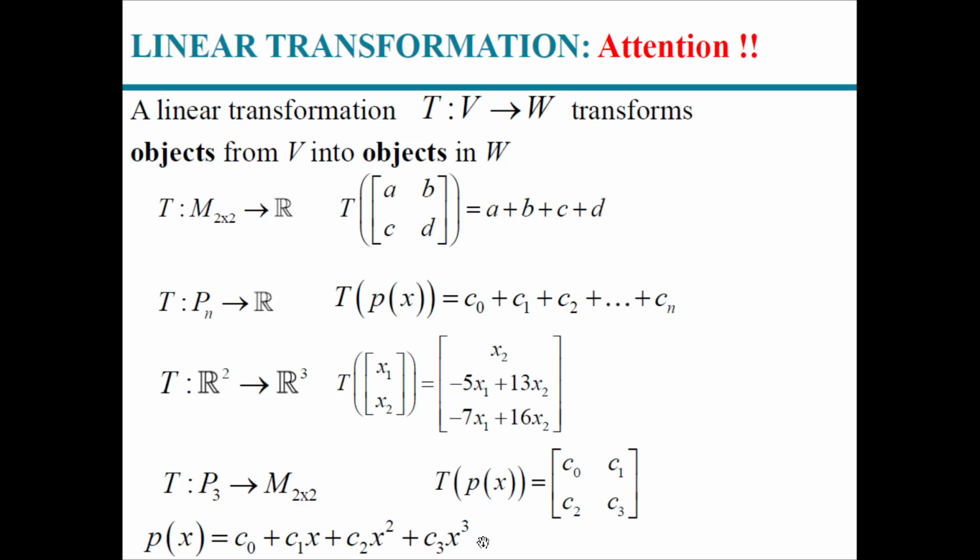This is very important to understand: linear transformation works on objects, and objects can be different. They can be columns of numbers like vectors, matrices, polynomials, real numbers, and other stuff. We already know that differentiation and integral are also linear transformations. So you're transforming functions into other functions.